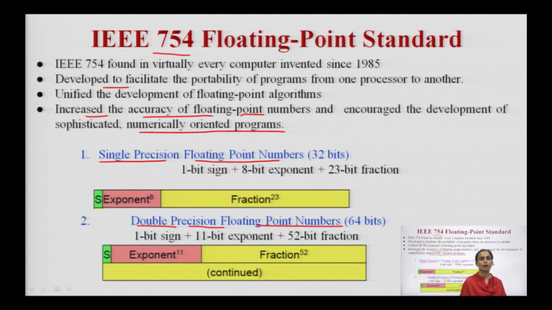Then moving on to double precision floating point numbers, again it comprises 3 parts: sign bit, exponent and fraction. The sign bit is 1 bit, the exponent moves to 11 bits, and the remaining 64 minus 12, that is 52, forms my fraction part.